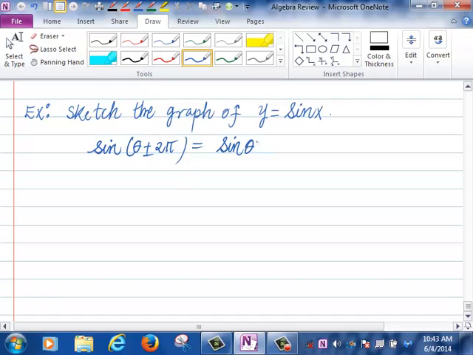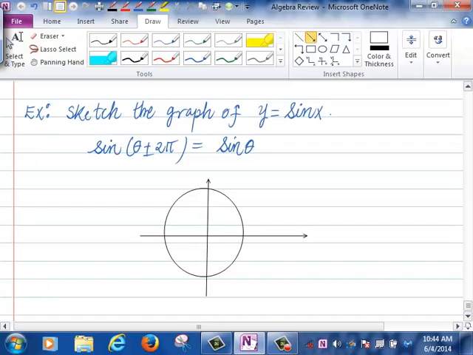So, first of all, let me remind you that this is the unit circle, and remember, for any angle x, the coordinates of this point is given by what?